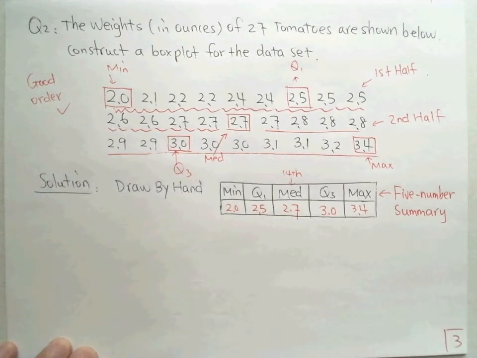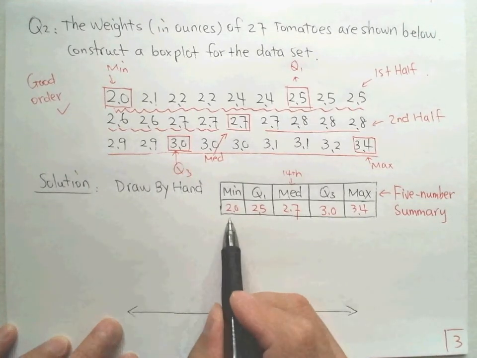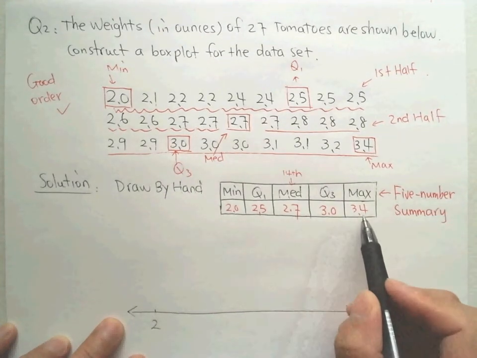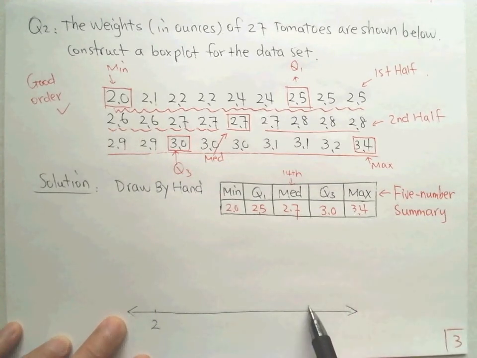Now what we need to do is just draw a scale, around number 9. How do you put the scale? I just put a 2 here. The maximum is 3.4, so putting 3.5 is okay.